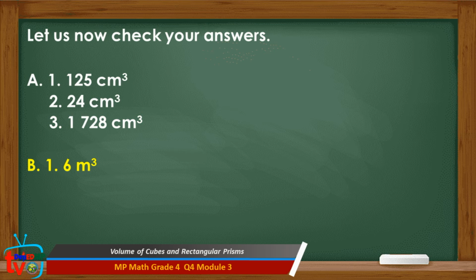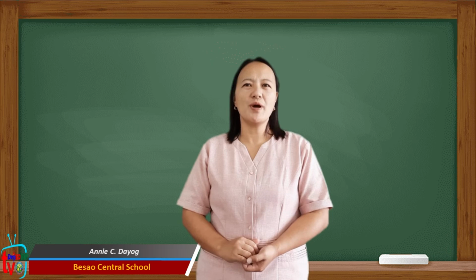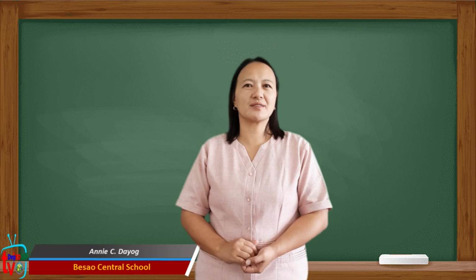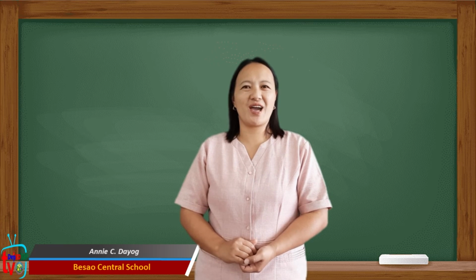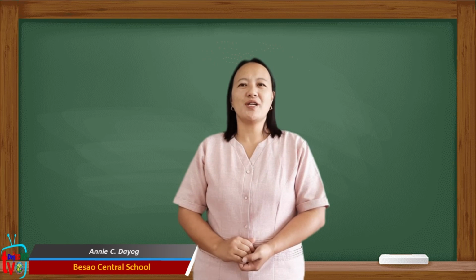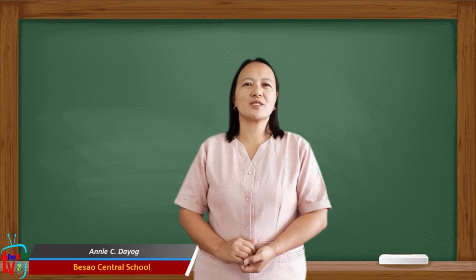Letter B. Number 1. 6 cubic centimeters. Number 2. 375 cubic centimeters. How many correct answers did you get? Wow! Very good! You are now ready to answer the post-assessment.